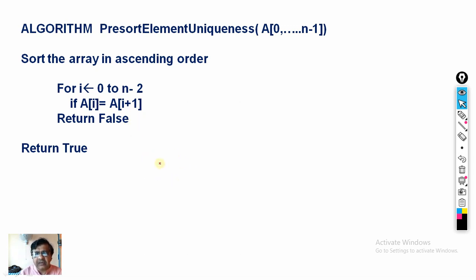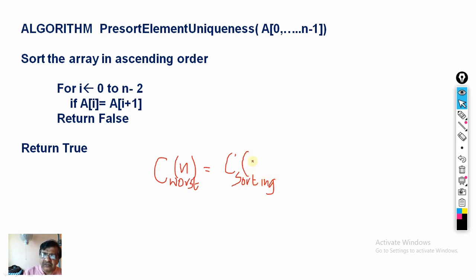Therefore we can analyze the complexity of this very simply. In the worst case, the number of comparisons for the presort method of finding uniqueness of elements is the time consumed for sorting, using the best of the algorithms, of course, as a function of input size n, plus the number of comparisons over here, which is definitely n minus 1.